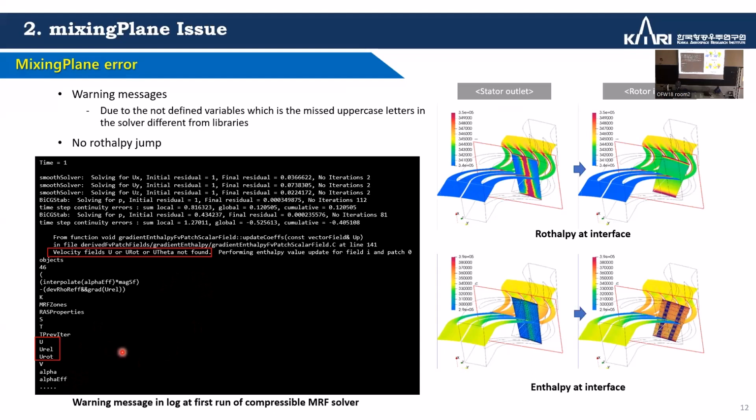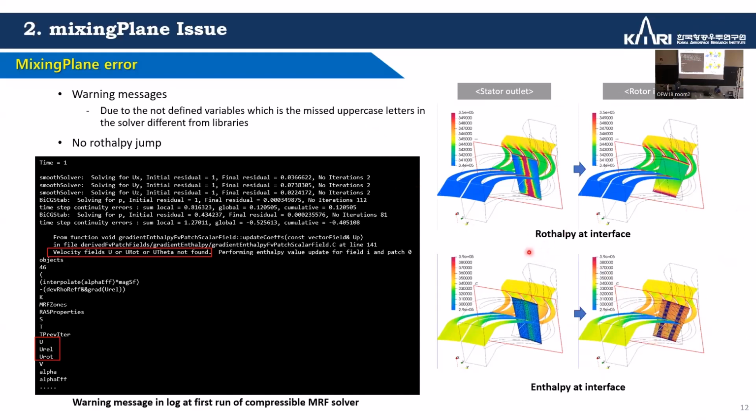With this warning message you can still run, but the answer is wrong, because it says some variable was not found. It is because they missed the uppercase and lowercase letters.